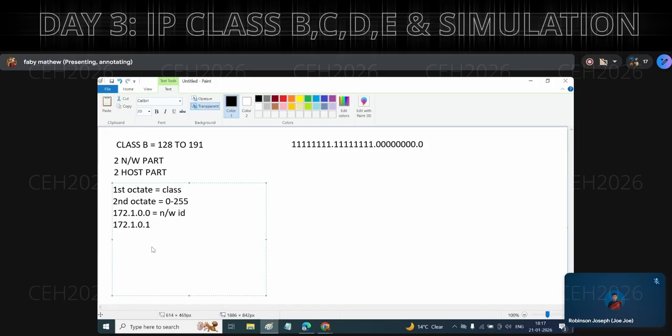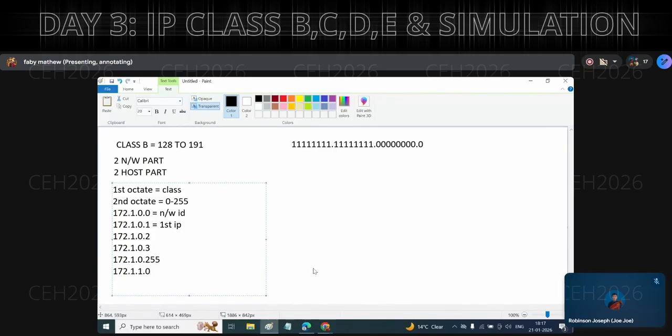So my first IP address is 172.1.0.1. Why? Because the IP address is placed on from right to left. So this is my first IP. Second IP is 172.1.0.2, then 172.1.0.3, and it will move till 172.1.0.255. Then after that 172.1.1.0. Why? Because a bit is turned on in the third octet.